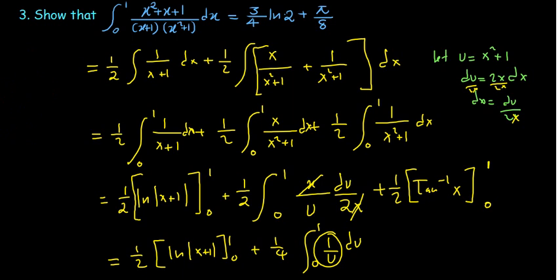Now here we have got only u. So where we have 1 over u, the integral of 1 over u is always natural log of u. So that's why I just want to write natural log of u directly here. But instead of writing u, what is my u? My u is x squared plus 1.